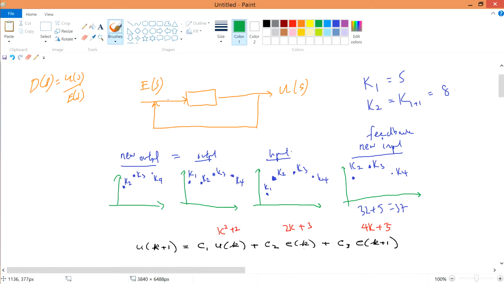So as you can see, this input compared to the new input is simply one step lagging behind. That makes sense, right? Because this is k plus 1. So this curvature, for example, I shouldn't link them, but for example, is simply like this.